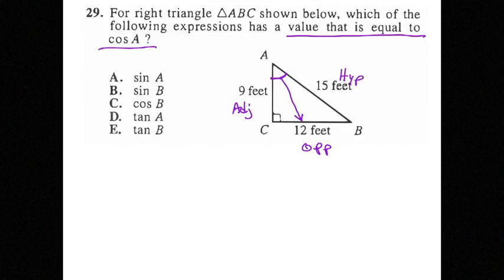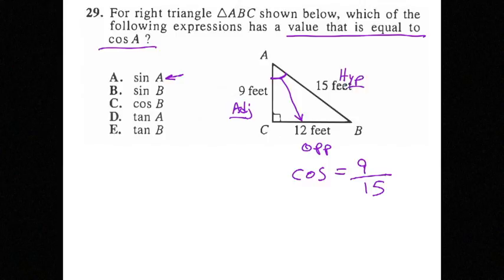So the cosine would be the 9 over the hypotenuse. Adjacent over hypotenuse is 9 over 15. Now, what else would have the 9 over 15? So we go over here and we look at our answers. Sine of A?